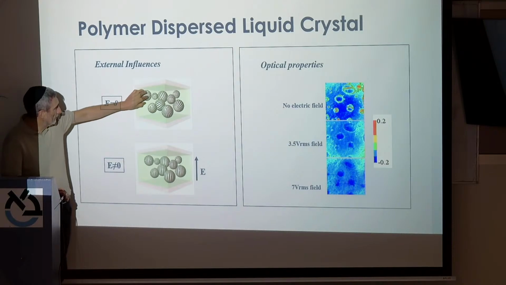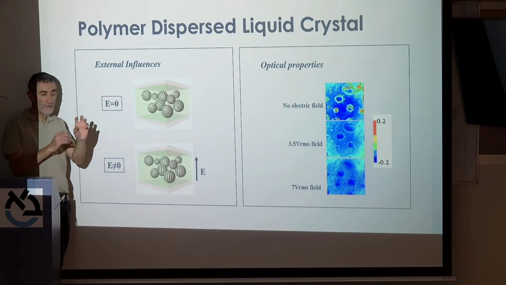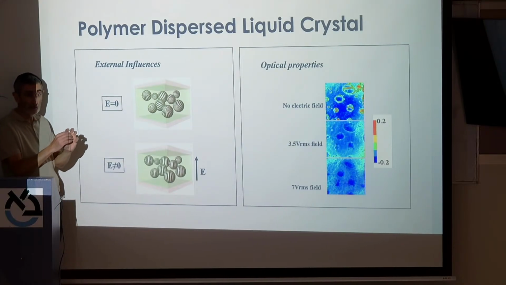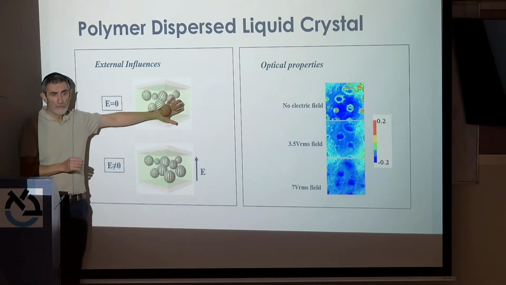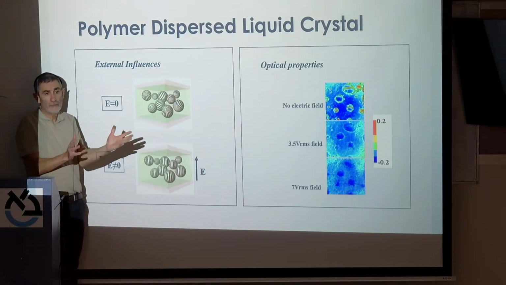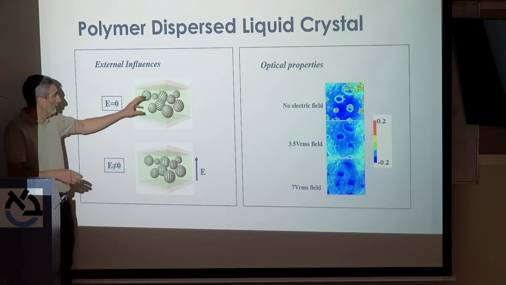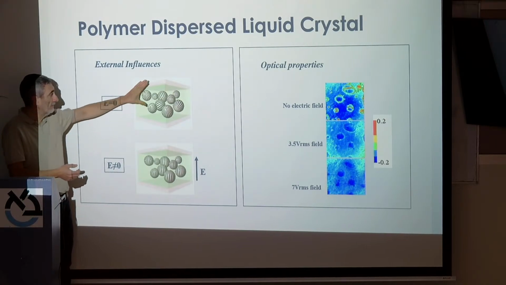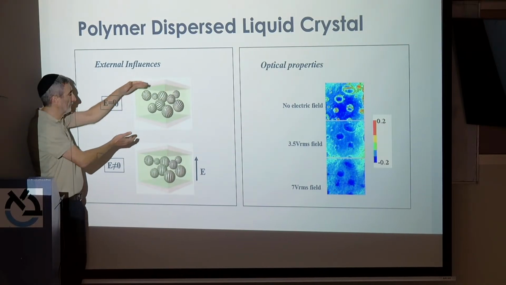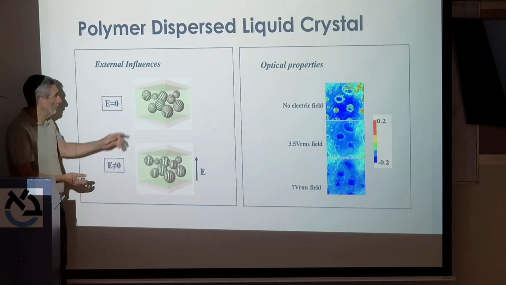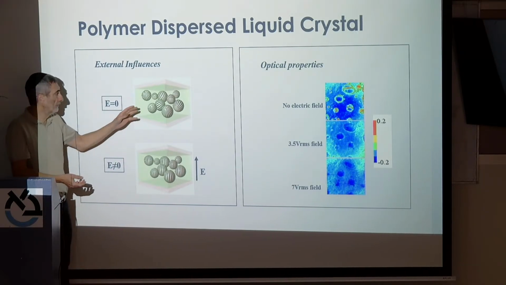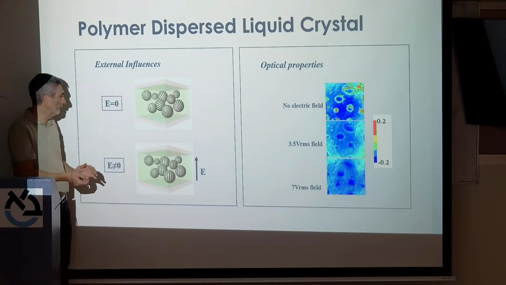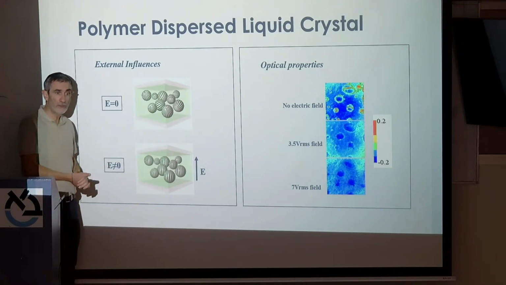You have these spheres made of liquid crystal embedded in some polymer, like in a gel or in plastic. They are randomly distributed in the system. But if you apply a static field between two electrodes, the liquid crystal inside the scatterer will align with the field, and then you can have everyone aligned like that.